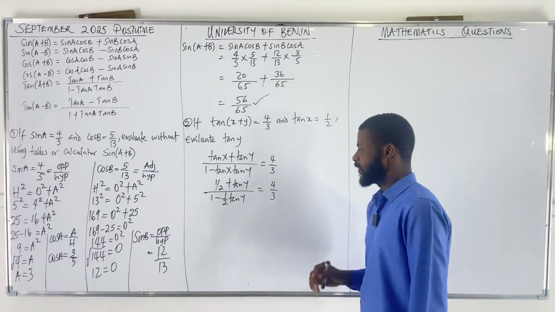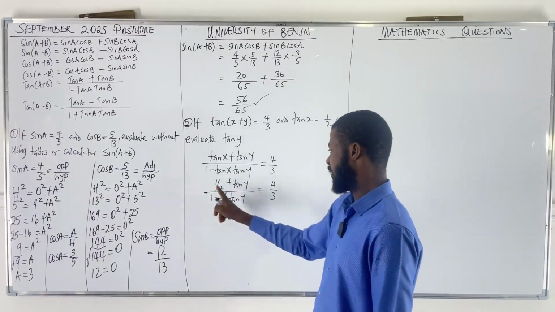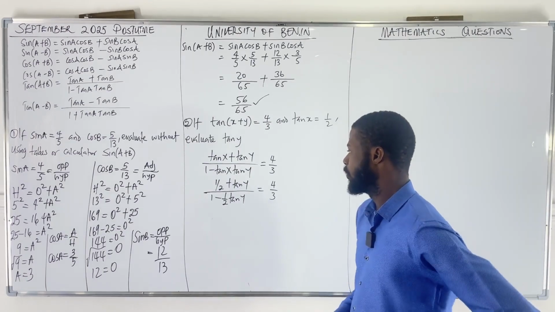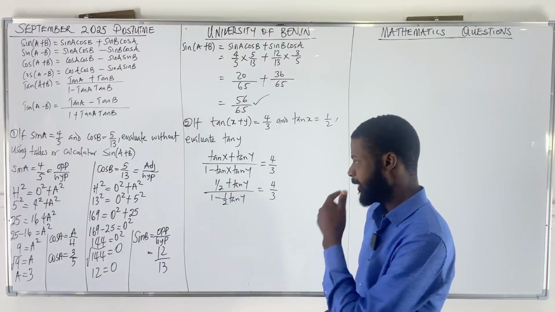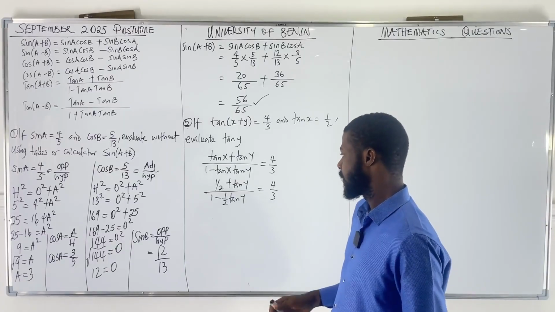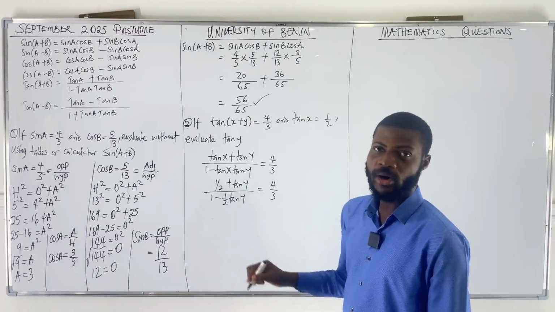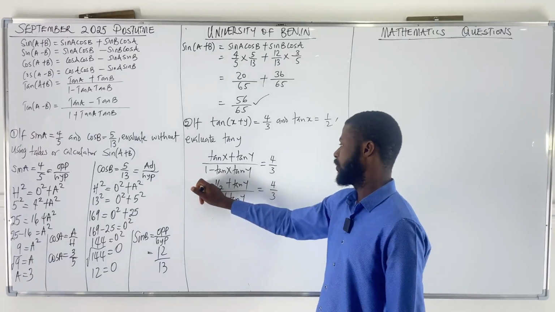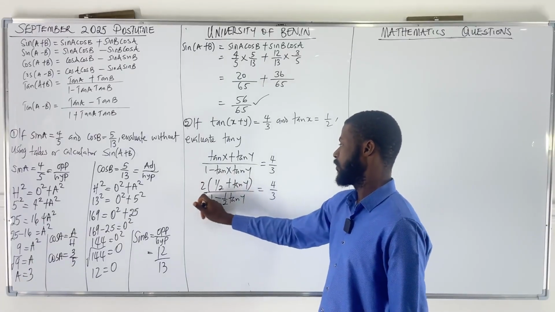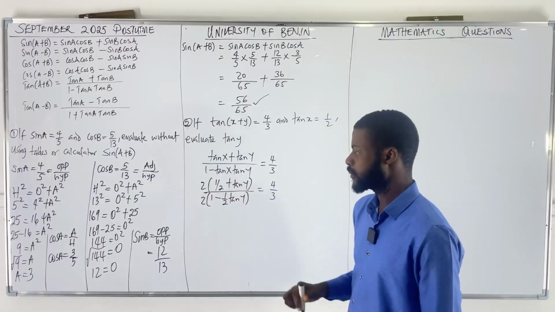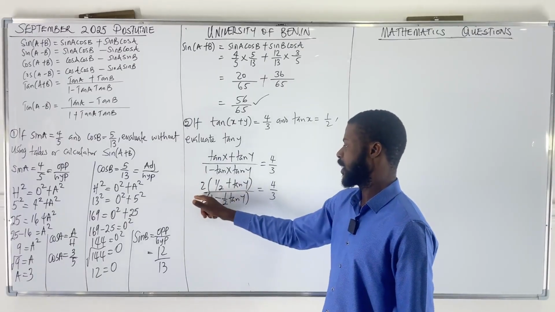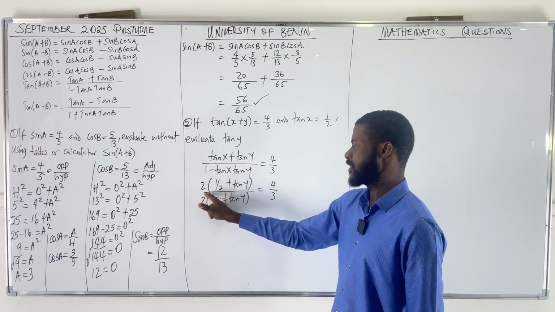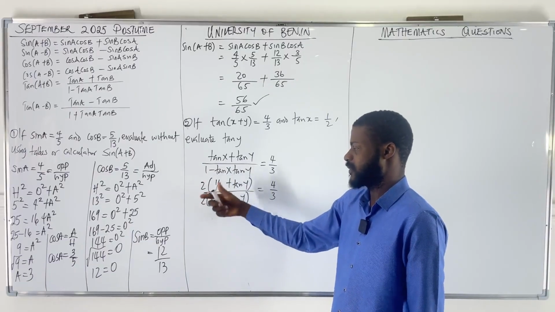Okay, so here's what I want to do. This is a fraction. This is a fraction. So I want to multiply up and down by 2. When I do this, the equation will still be the same because 2 can cancel out 2, which is 1.